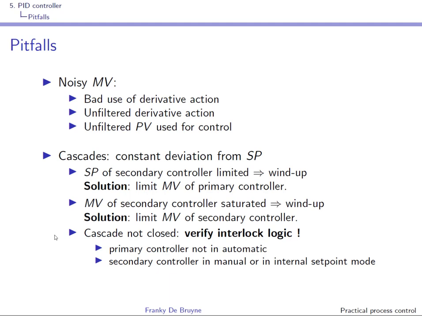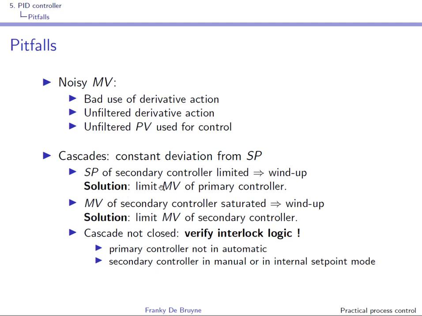You will, of course, also encounter quite a lot of problems in cascade control structures. The first thing that you have to check is the interlock strategy, and this is something that we have discussed when we discussed cascades. Also, you could have problems with limitations of the secondary controller, so the MV of the secondary controller is limited, right?